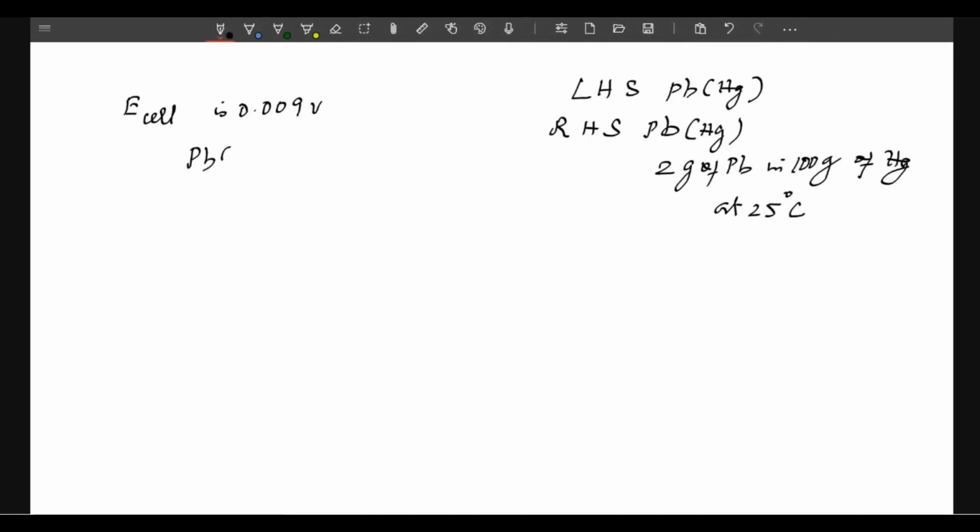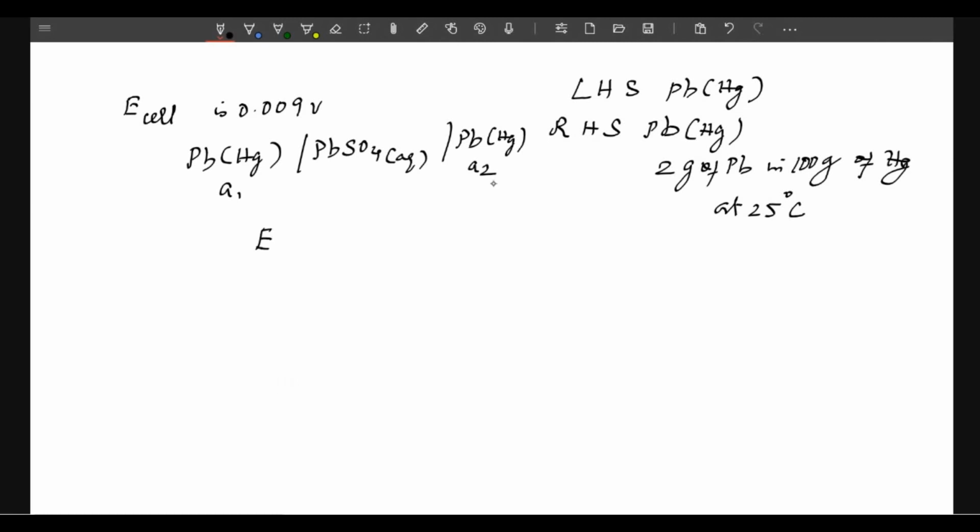The cell representation is lead amalgam activity A1, lead sulfate solution aqueous, and lead amalgam activity A2. Looking at this, you can say that it is an electrode concentration cell.